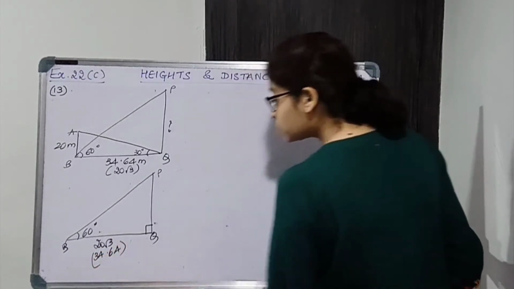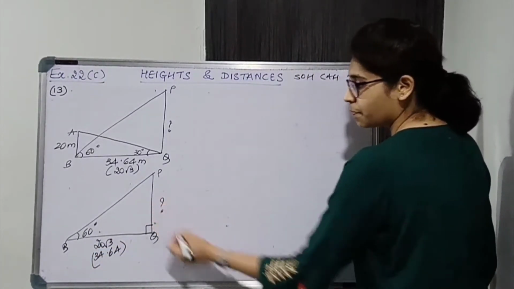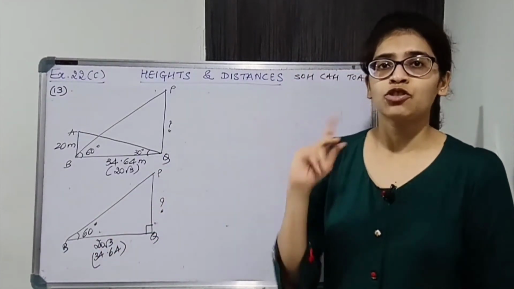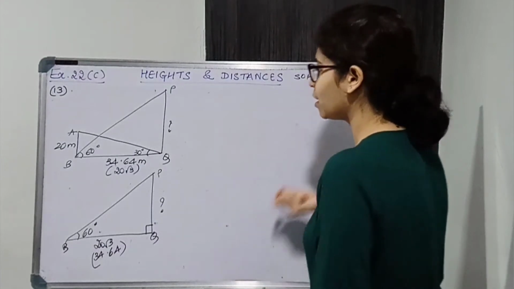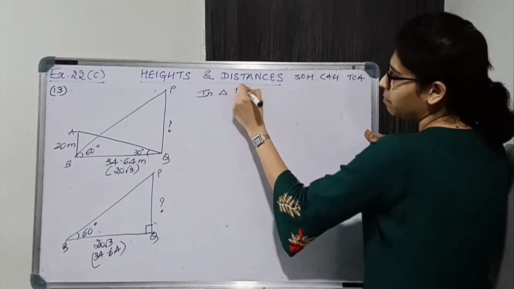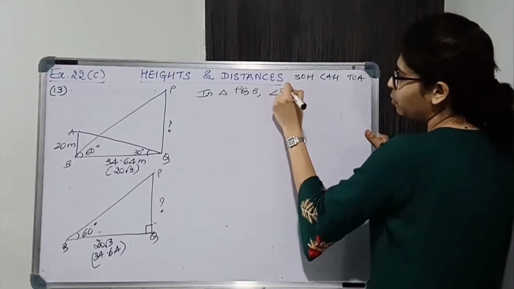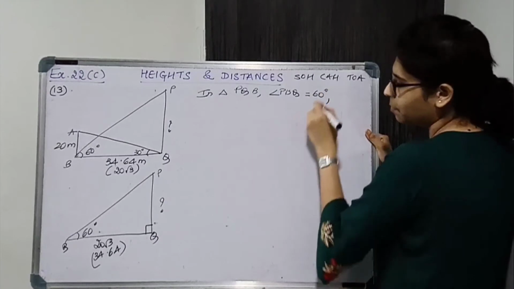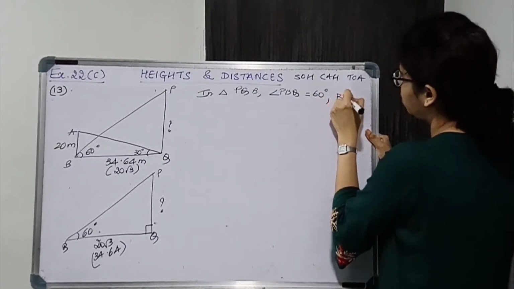Now we need to find this. The angle's opposite we need to find, adjacent is known. Opposite and adjacent relation you get from tan of the angle. So in triangle PQB, angle PBQ is equal to 60 degrees and BQ is equal to 20 root 3.